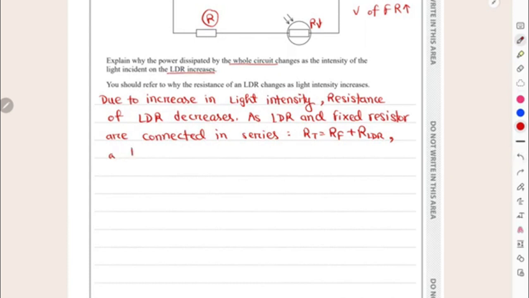A decrease in R would cause the total resistance to decrease.